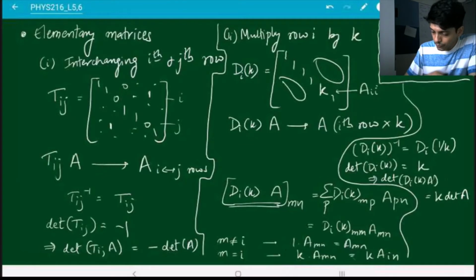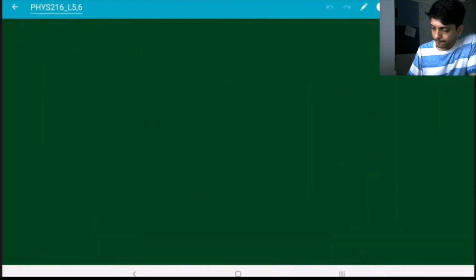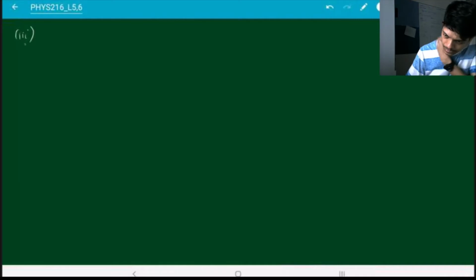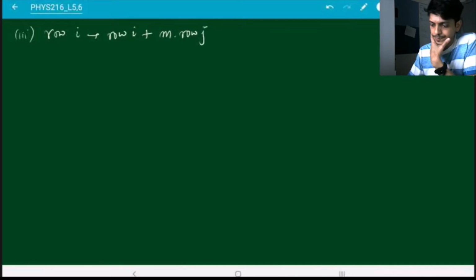So these are two of the elementary row transformations. We've done interchanging and we've done scalar multiplication. The third one is where row i goes to row i plus m times row j.